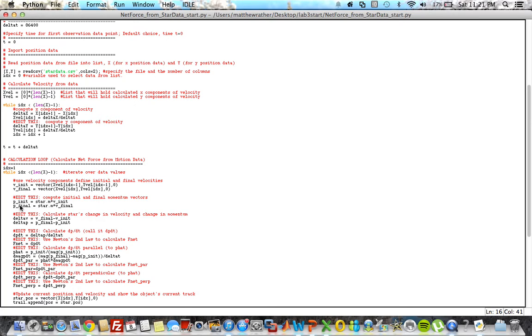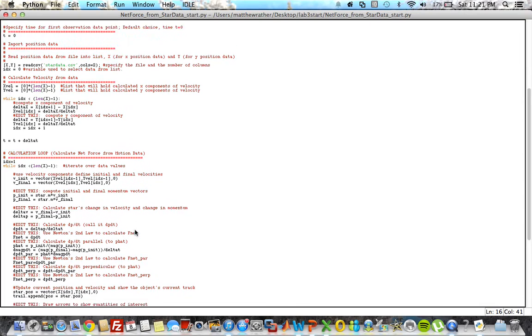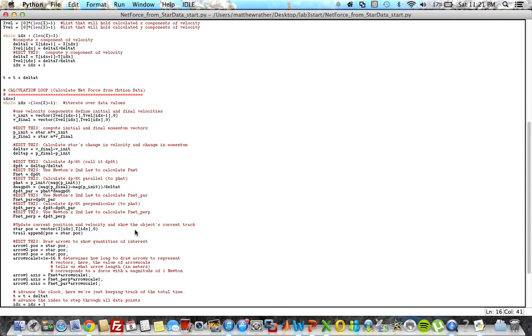Once we have obtained initial and final momentums and velocities, we can subtract the final minus the initial to obtain delta v and delta p. Next, we look to solve dp/dt. Here, dp/dt is equal to delta p divided by delta t, and the F net is equal to dp/dt, which we have seen from Newton's laws.